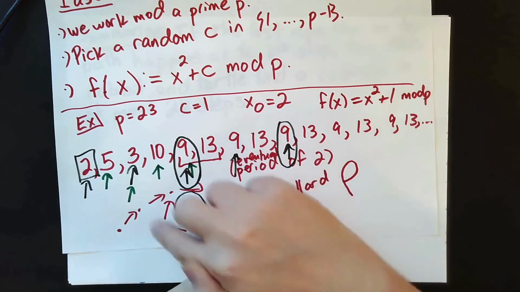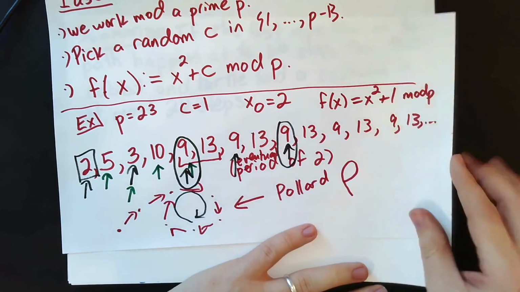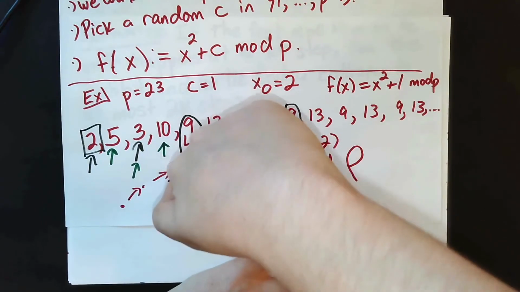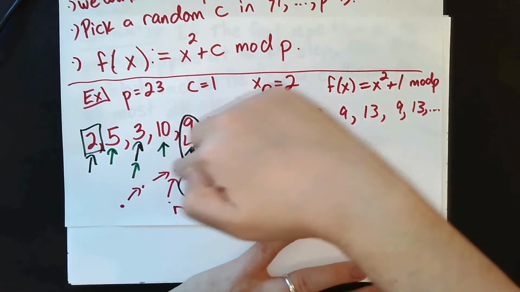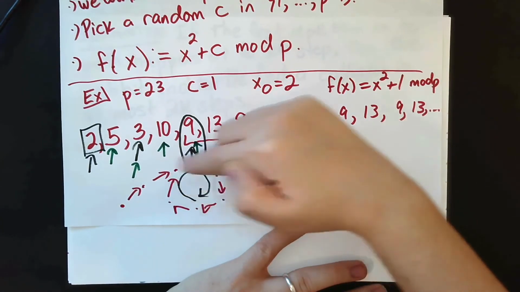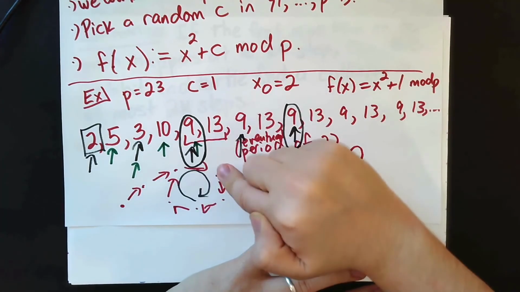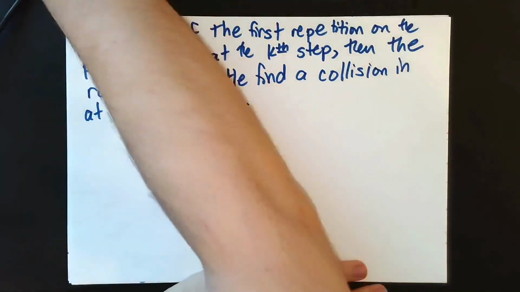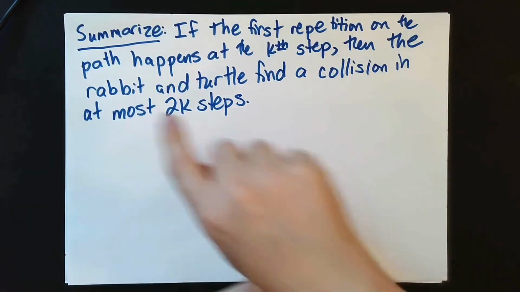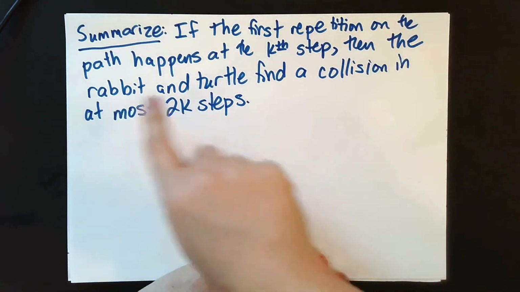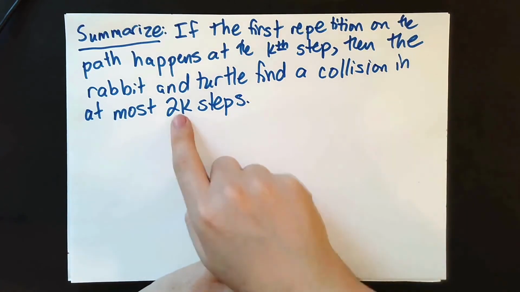Well, if the first repetition happens k steps in, let's just call it k, that is to say, that's the kth step, right there, 1, 2, 3, 4, 5, 6, k, then the length of this loop is at most k, and so what you can convince yourself is that the rabbit and turtle are going to find this collision after at most 2k steps.